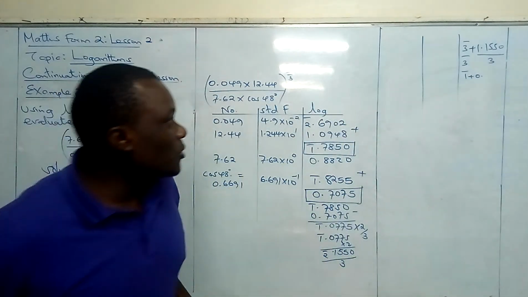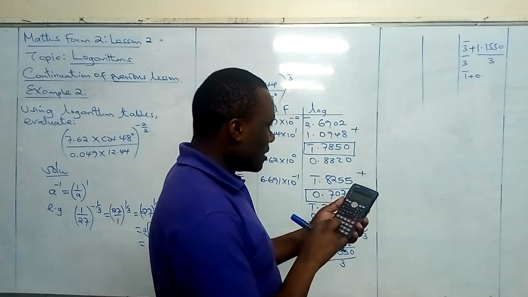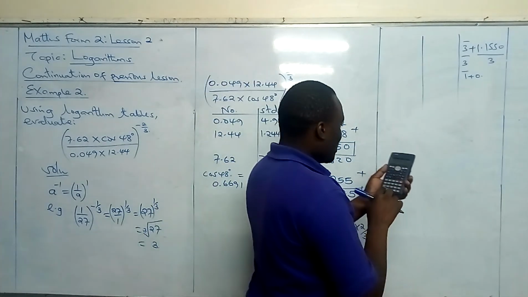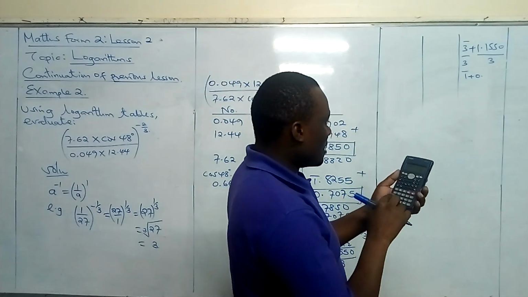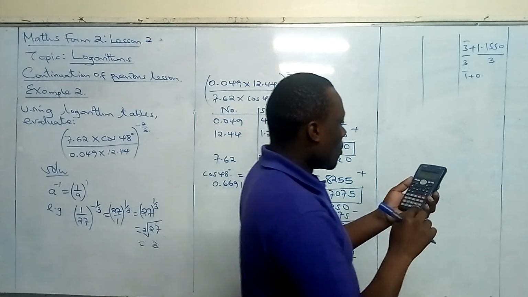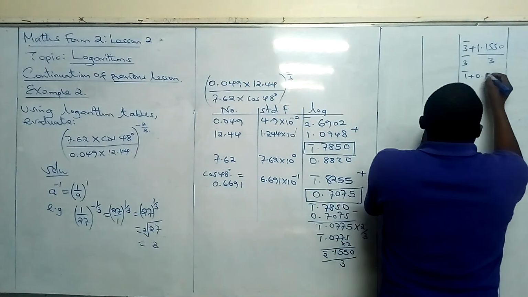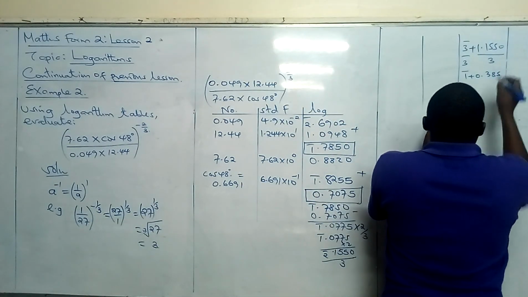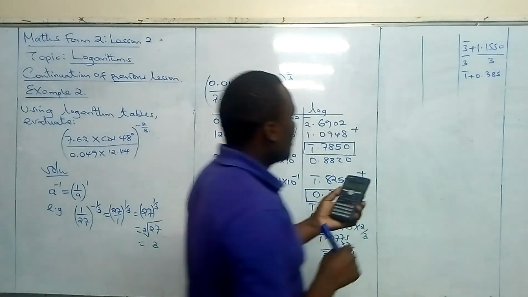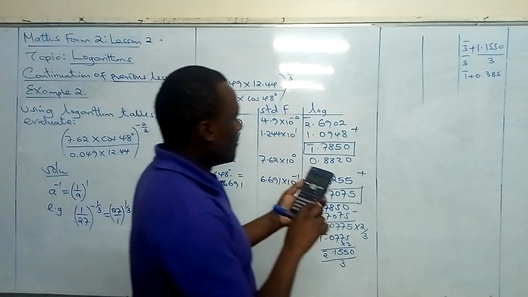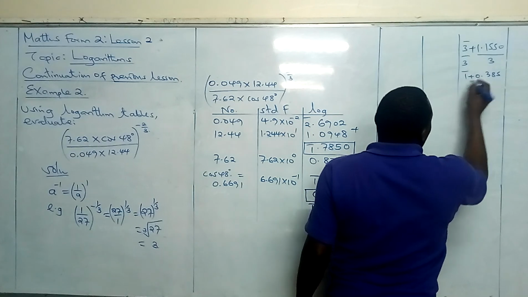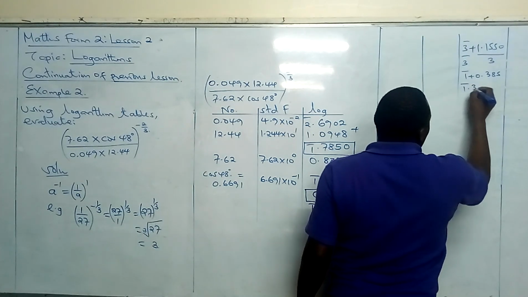Now you are allowed to use your calculator at that given point because the other part is where the characteristic is positive. So once you divide by 3, you get 385. Then minus 1 plus 0 is minus 1.